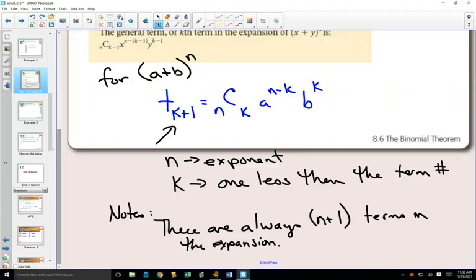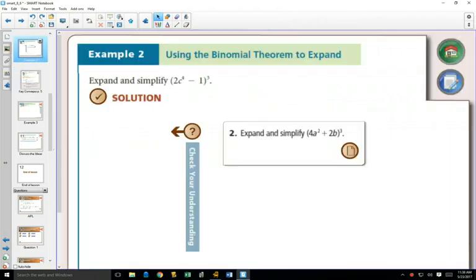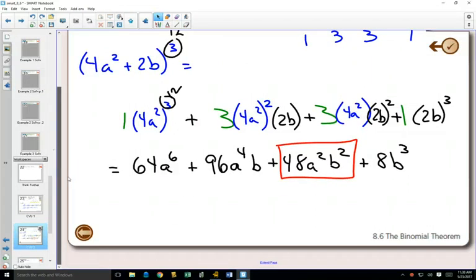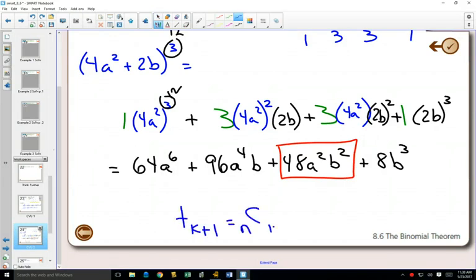So if we go back to the example that we just did, and we were asked only to find term 3, we'll write out the formula here again in blue. This is what's on your formula sheet.